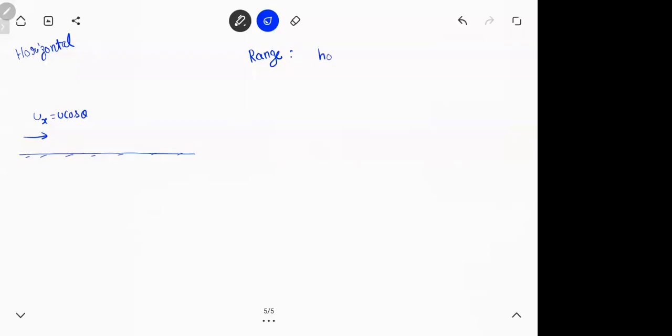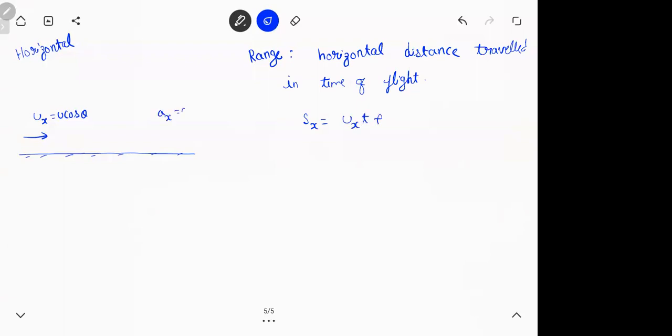Range is the horizontal distance traveled in the time of flight. So Sx equals uxt, and here ax is 0.